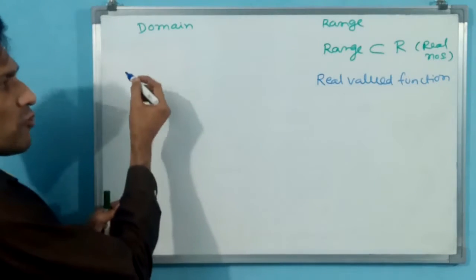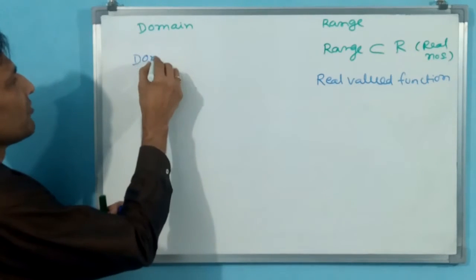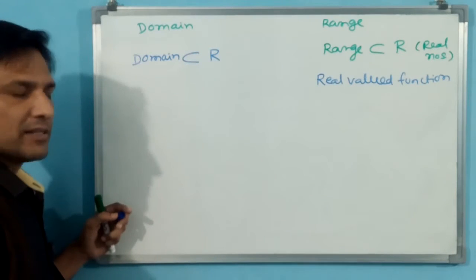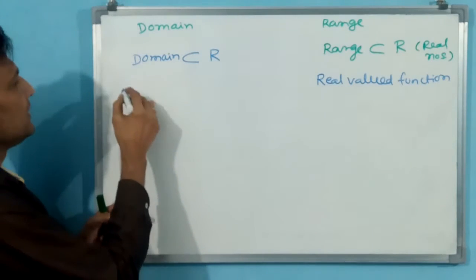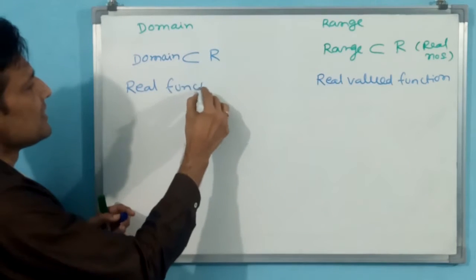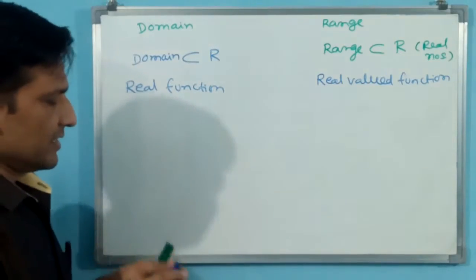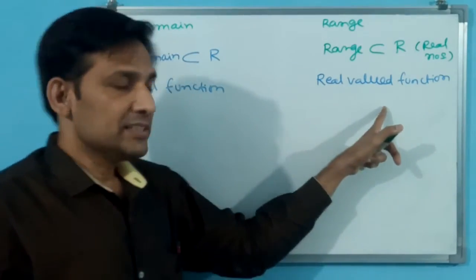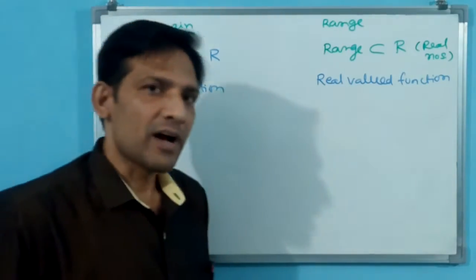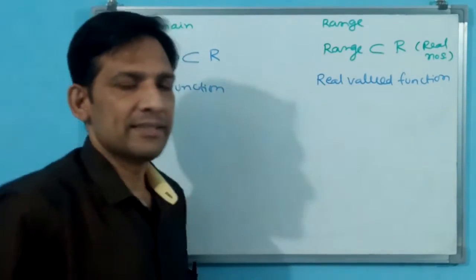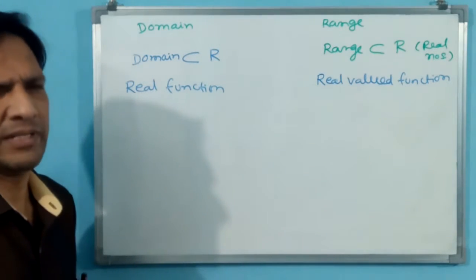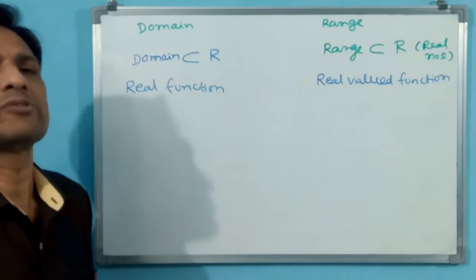Then what about domain? If domain is also a subset of real numbers, then that function is going to be called as real function. Real valued function, real function. Okay, real value means what? The output, whatever is on the right side, that is normally called value. Even in my logarithms basics I have explained like that.